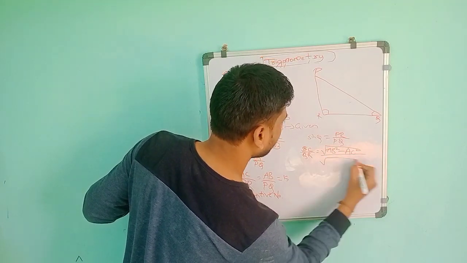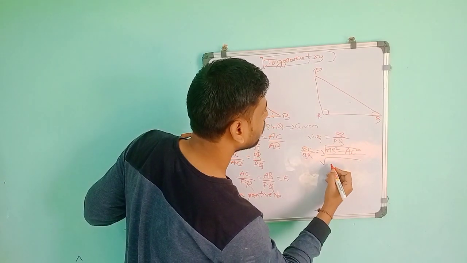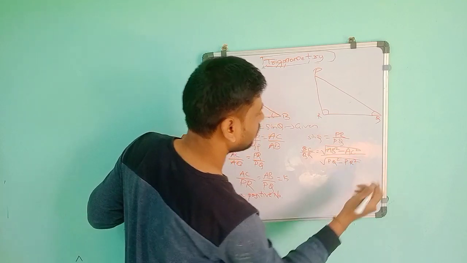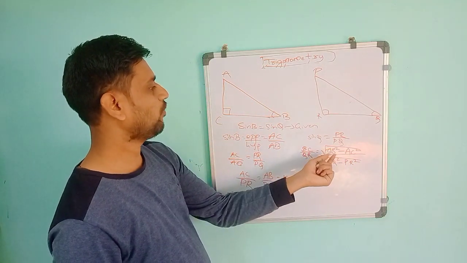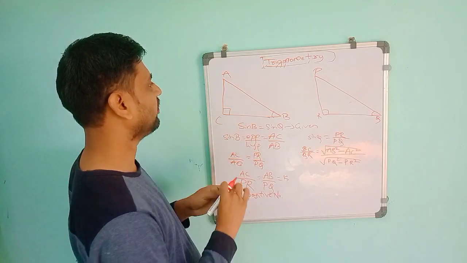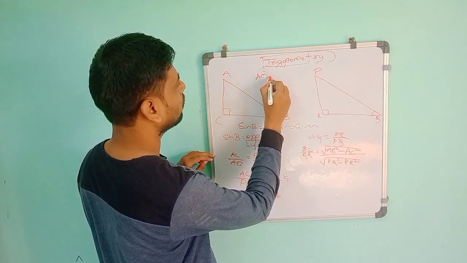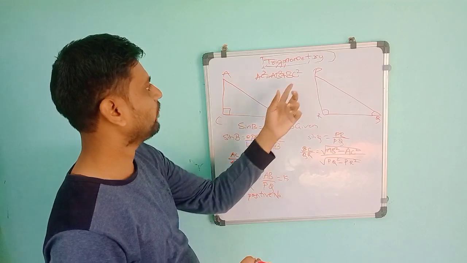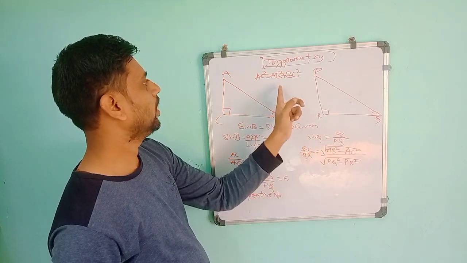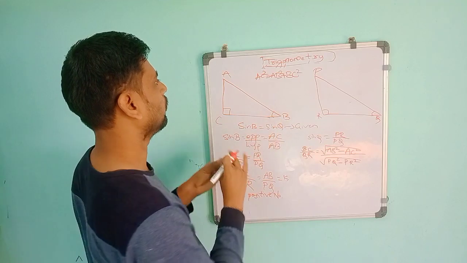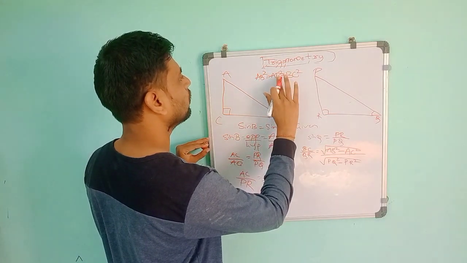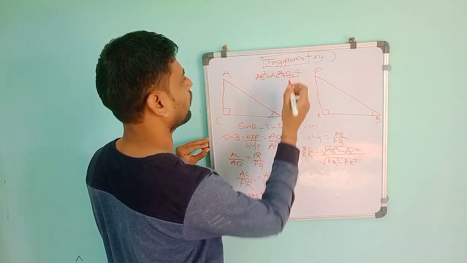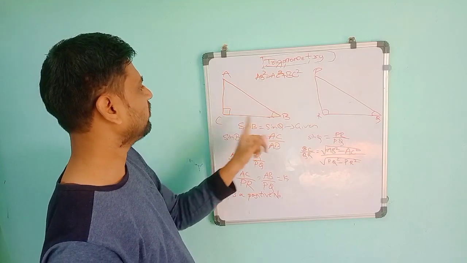Similarly, QR is the square root of PQ square minus PR square. We can write BC as the root of AB square minus AC square, because of the Pythagoras theorem: AB square is equal to AC square plus BC square.